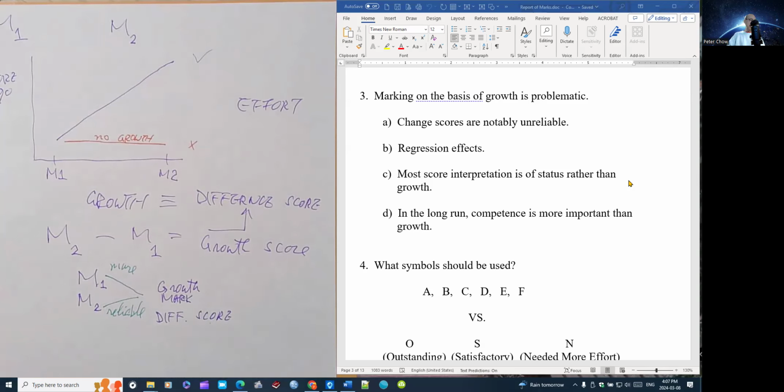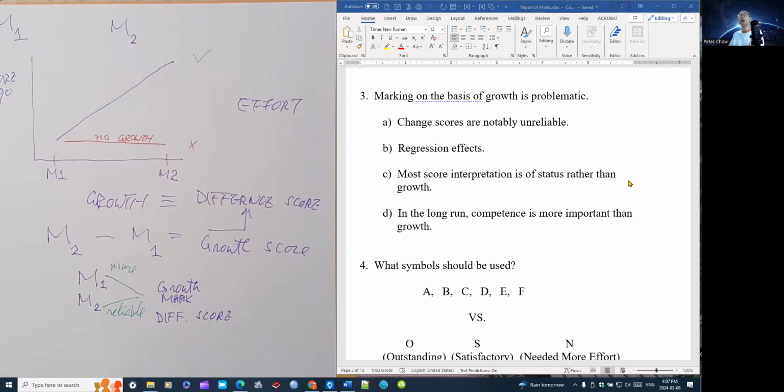Besides the psychometric property of difference score or growth score, most score interpretation is of status rather than growth. What is status? Achievement status, or how much one has achieved. So in the long run, competence is more important than growth.